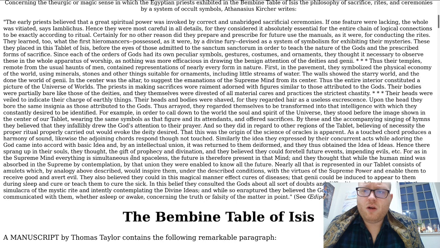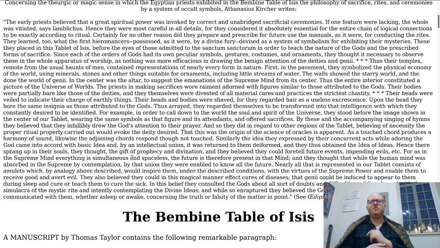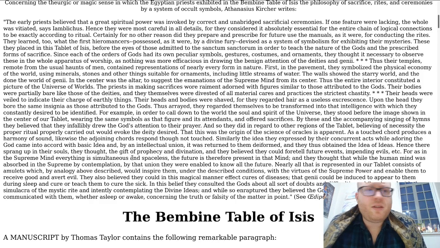The wall showed the starry world and the world of the genii. I'm not sure if that was miswritten. In the center was the altar to suggest the emanations of the Supreme Mind from its center. Thus the entire interior constituted a picture of the universe of worlds.